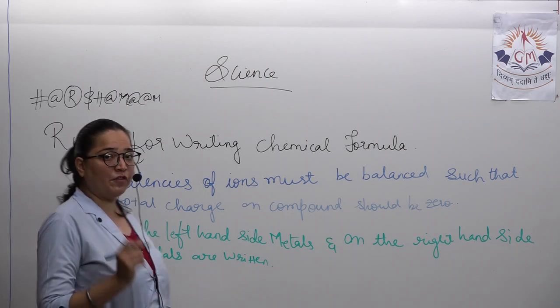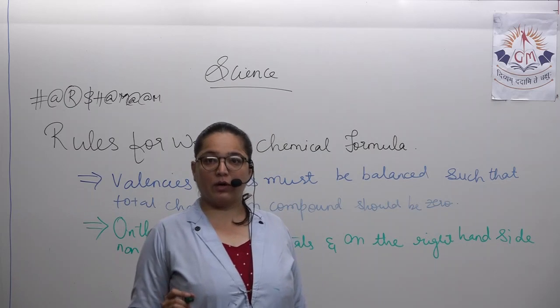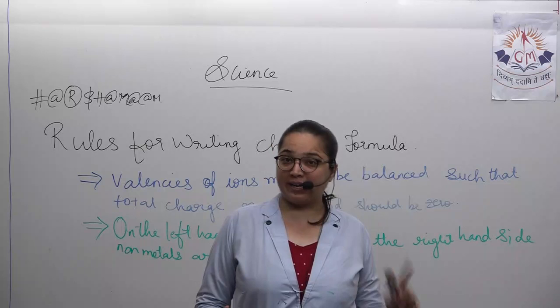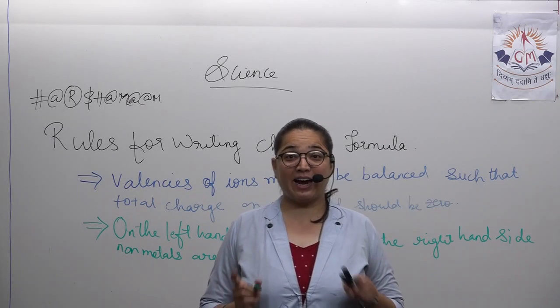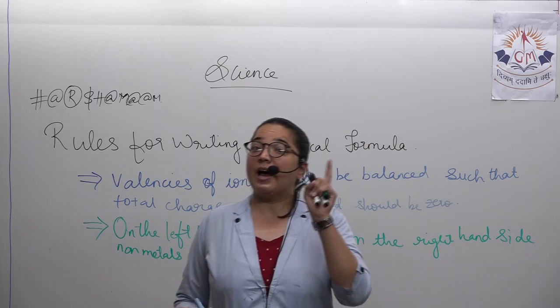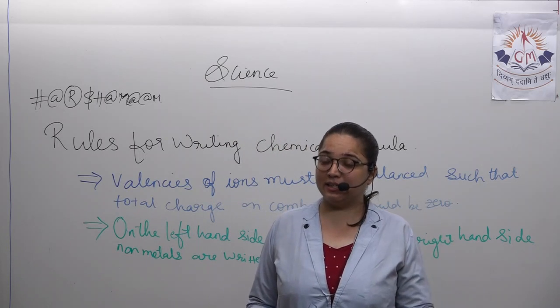This is the strategy for writing any chemical compound. Generally on the left hand side all the metals are written, and on the right hand side non-metals are written. That means those carrying the positive valency will come first and the negative valency will come later.